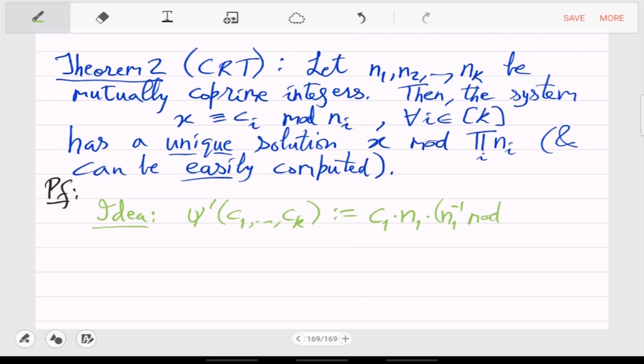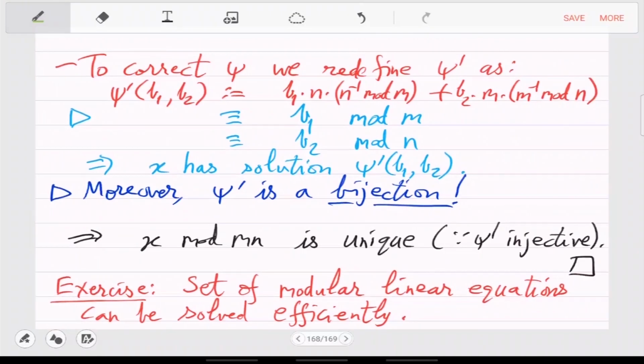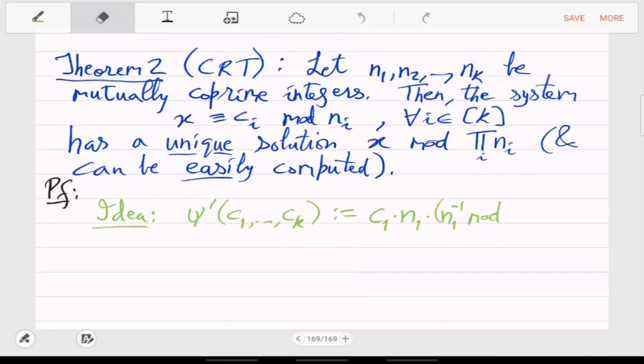In the previous case, it was the opposite. For B1 you used N2 times N2 inverse. So here it should be what? It will not be this. It will be something else which I am calling N1 times N1 inverse.